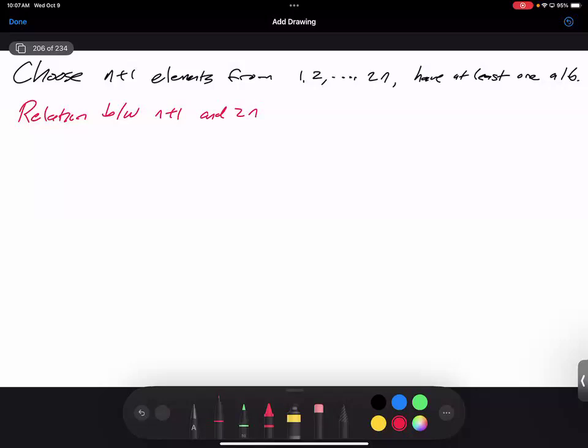Well, again, these are general numbers, so let's look at it another way. The problem says choose n plus 1 elements. Let's assume whoever wrote this problem is a minimalist, and they're trying to give you the statement that's just barely true. What do you think would happen if we choose n elements?